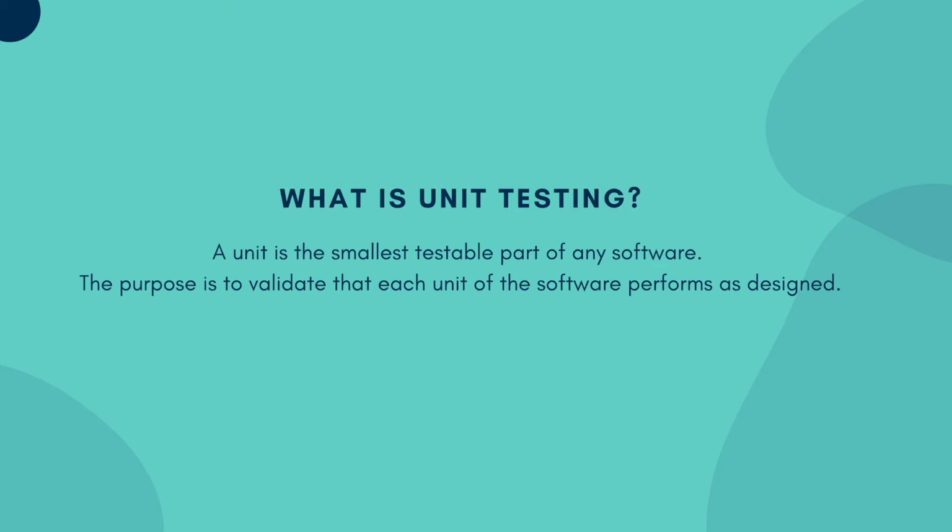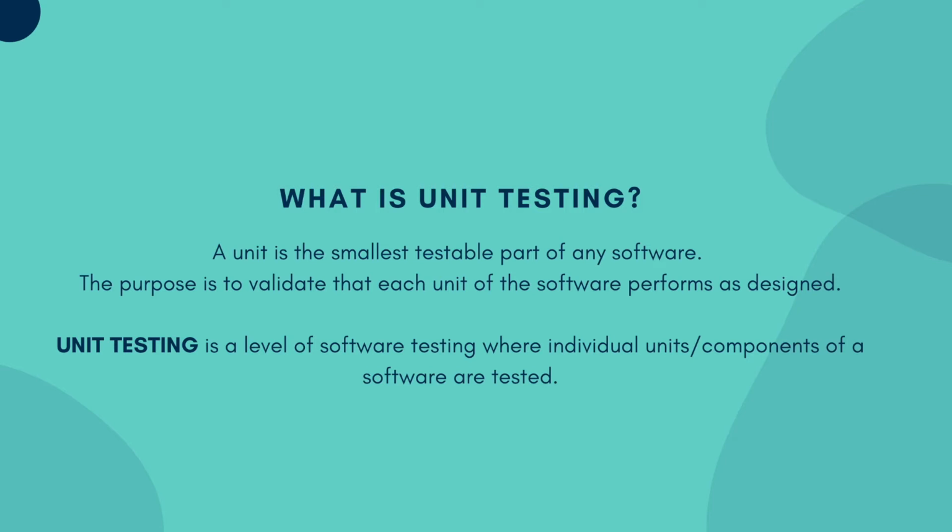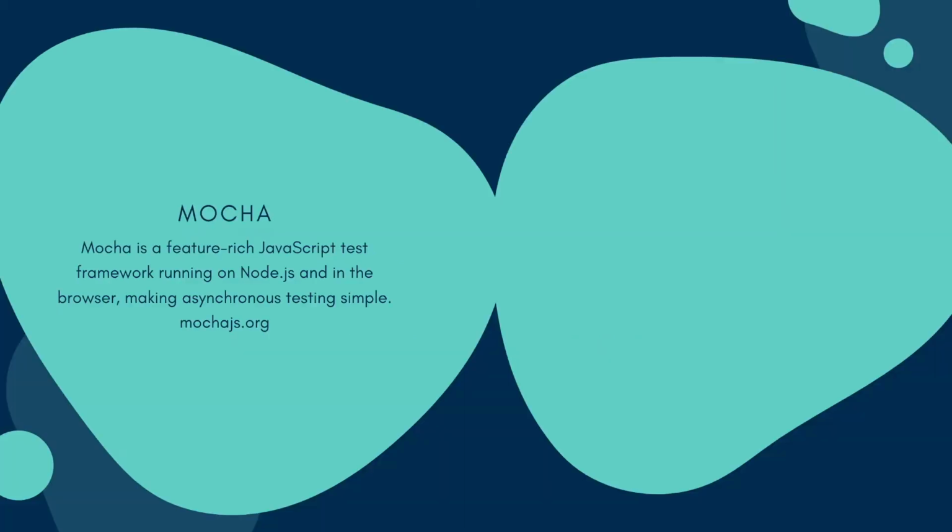So we can define unit testing as a level of software testing where individual units or components of a software are tested. In the world of JavaScript, things can get a little trickier because it runs on the front end of a web page. The easiest way to handle this is with separate JavaScript libraries like Jasmine or QUnit, but we will focus on Mocha and Chai in this video.